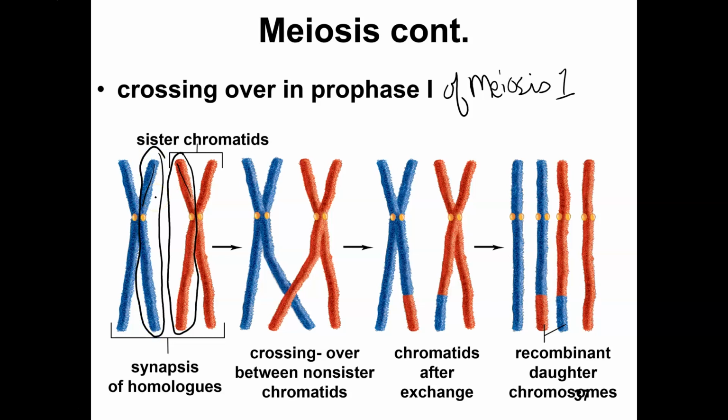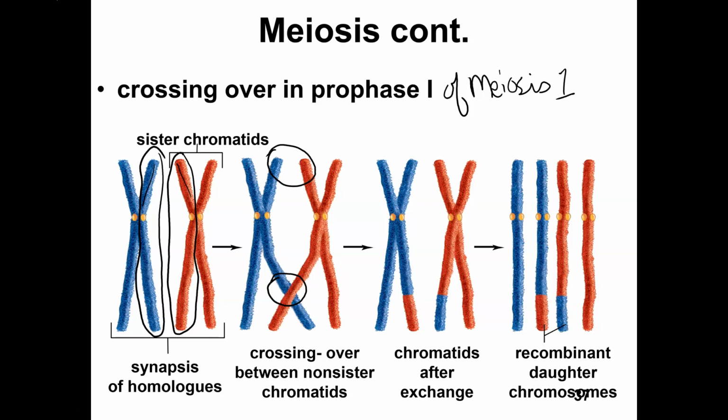So we have a chromatid from the blue chromosome and a chromatid from the red chromosome. So what happens is the chromosomes cross over, and so here you see crossing over on the long leg of the chromosomes of the non-sister chromatids. Crossing over can also occur up here. So you can have crossing over up here, you can have crossing over down here. You can also have no crossing over occur.